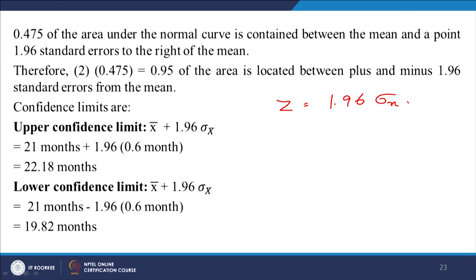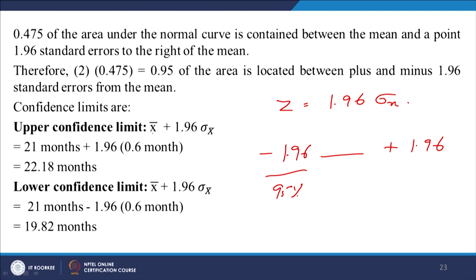Now let us find out the confidence limit. So 2 into 0.475, as I explained in the last slide, is 0.95. So it lies between z equal to negative 1.96 and plus 1.96, because for a 95% confidence level the z value is 1.96. Now, how do you calculate?